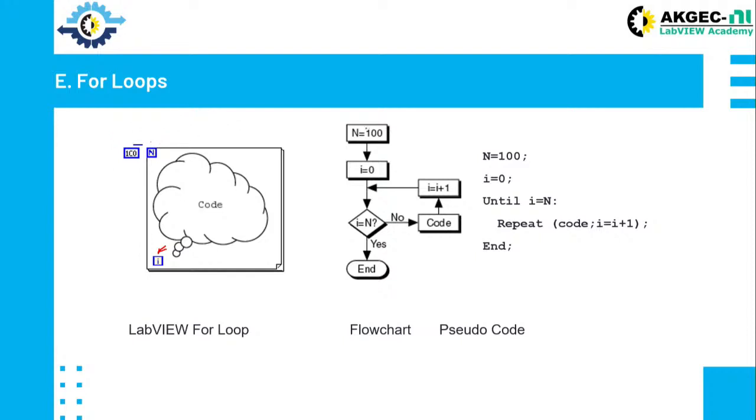So if n is fixed at 100, then I will start with 0, and it will be checked against the condition whether I is equal to n or not. If this condition is false, then only the code will be executed. Otherwise, if the condition is met, the loop will stop execution. So we will see how this works in our LabVIEW.